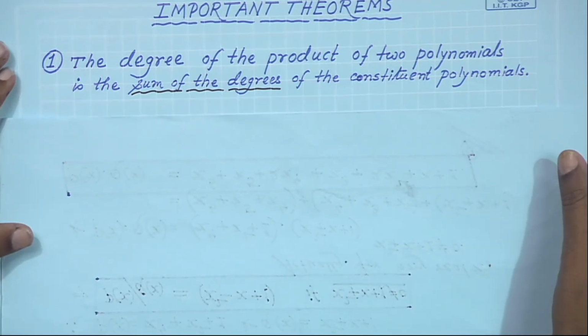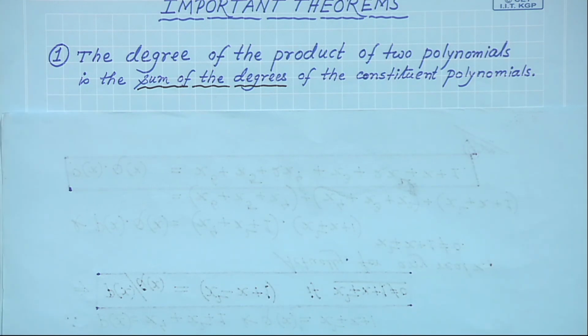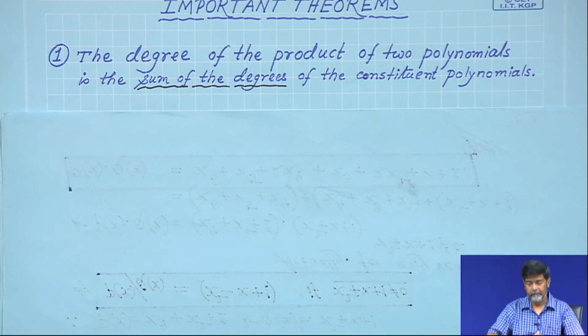Look at the first one. The degree of the product of two polynomials is the sum of the degrees of the constituent polynomials. Here, by constituent polynomials, we mean Px and Qx, which were taken earlier. Do you agree with me? Yes, sir.